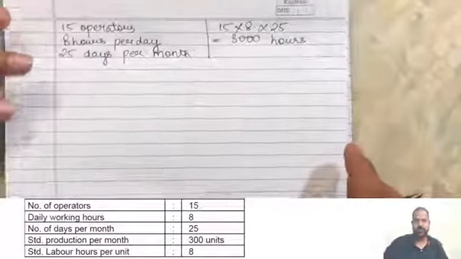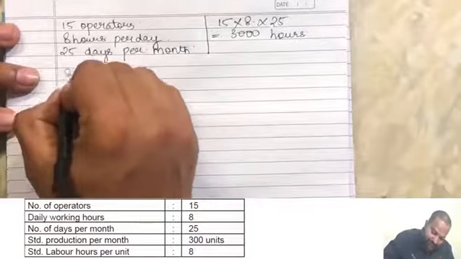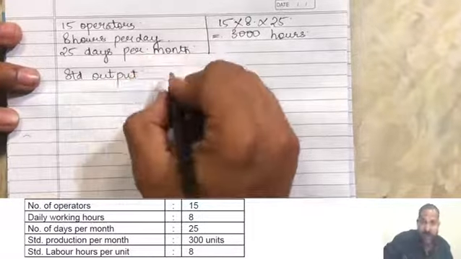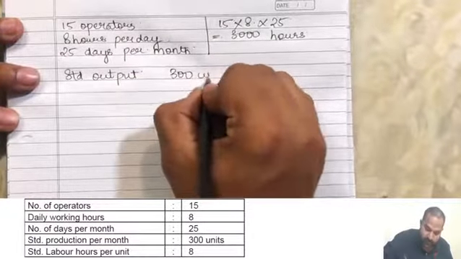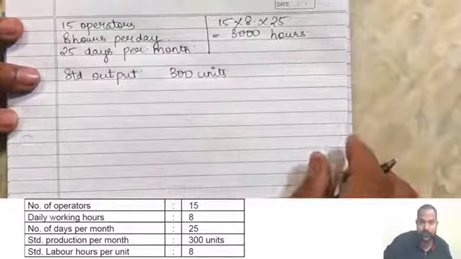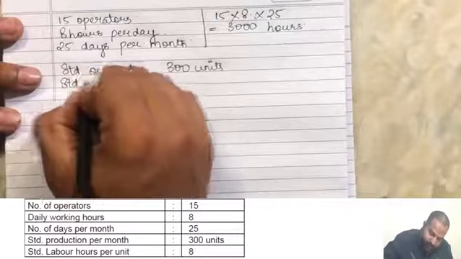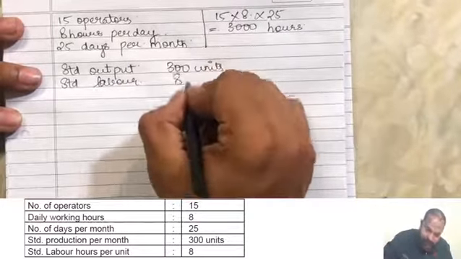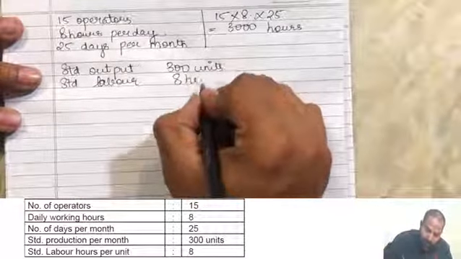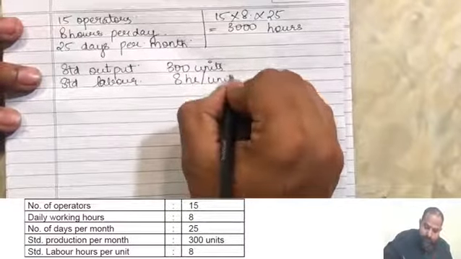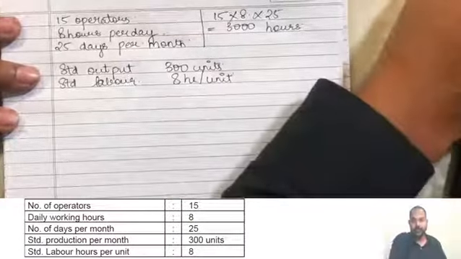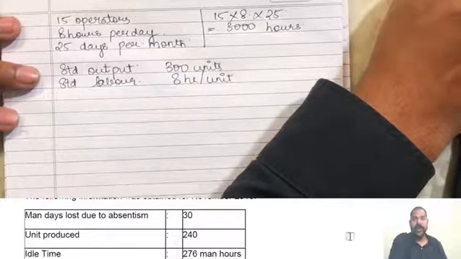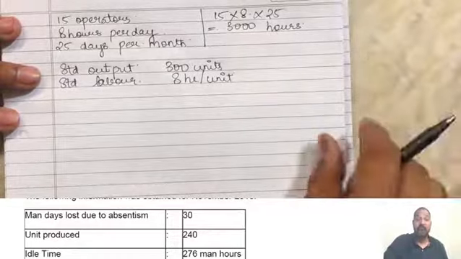Fine, fantastic. Next, what is the standard output that you are expecting? Well, standard output expected is 300 units. Okay. Standard labor required is 8 hours per unit. Okay. What other data have you given me? Well, other data is man days lost due to absentees.